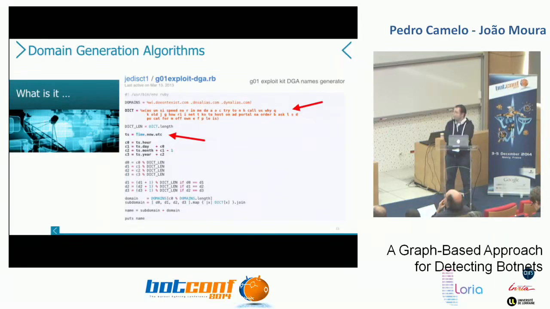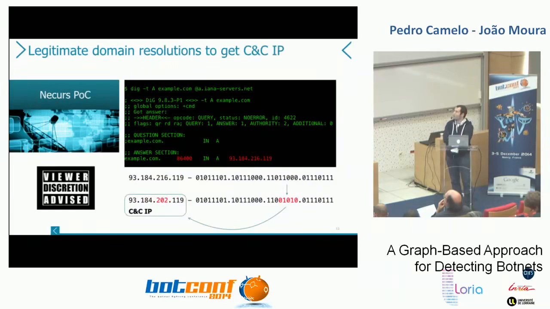This particular one is a dictionary one. It's time sensitive, as you may see in the code. And this one is just a creative one that was implemented in Necurs, which used a legitimate domain to get its CNC IP. It just alters the bits on the third octet to get the CNC IP.